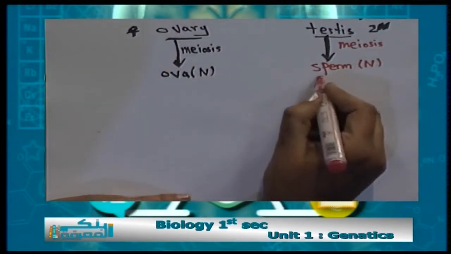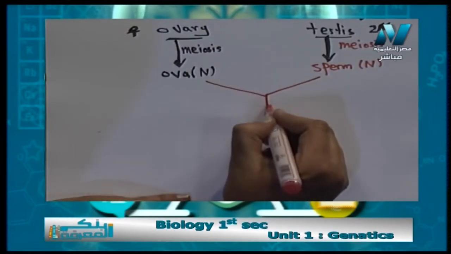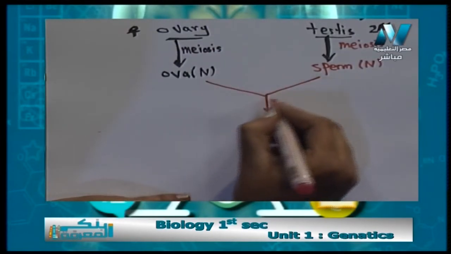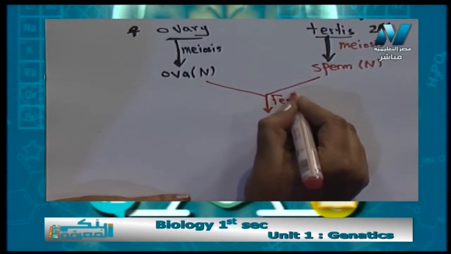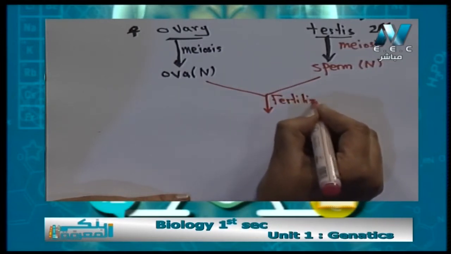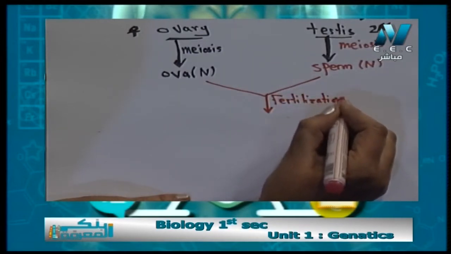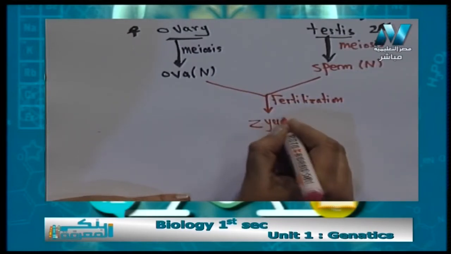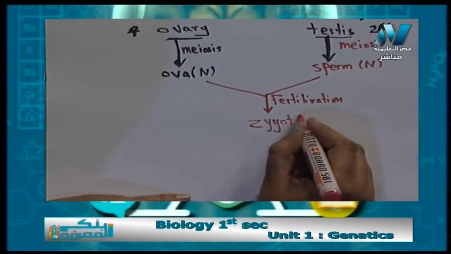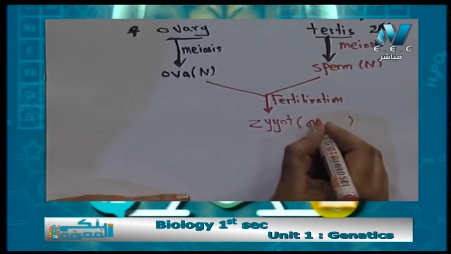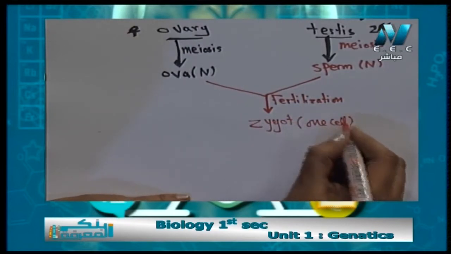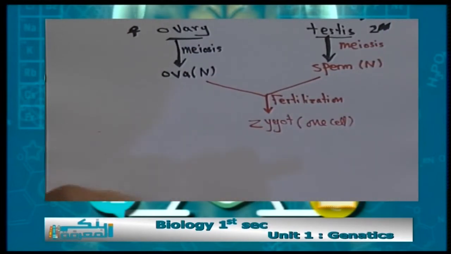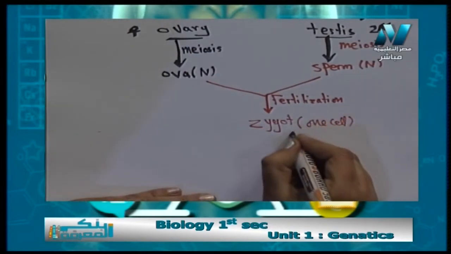By the fertilization process, zygote is formed. Zygote here is one cell containing a complete number of chromosomes, 2n.